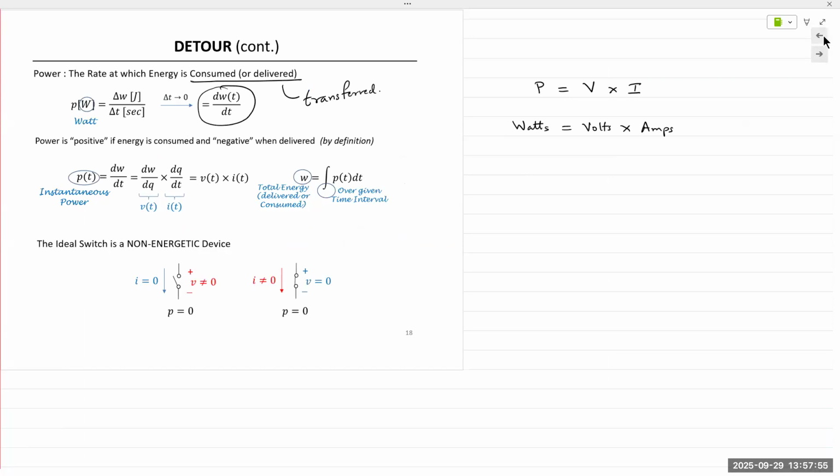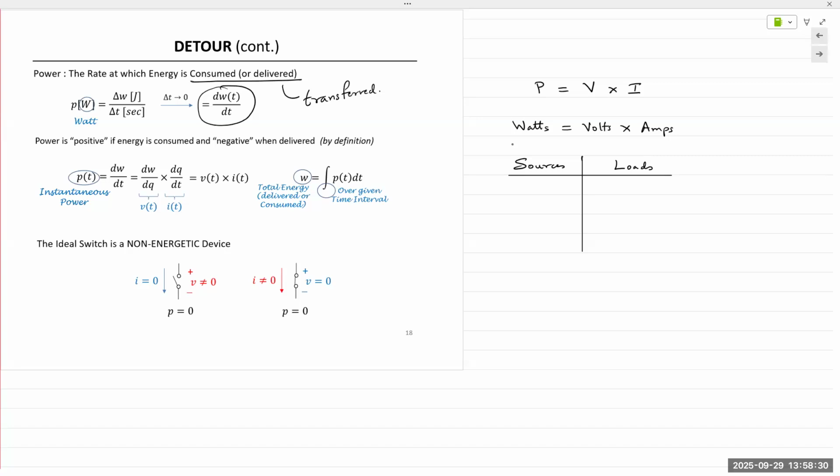We talked about sources and loads, right? When it comes to energy and power, what defines a source? As the name suggests, power supplies, yes.